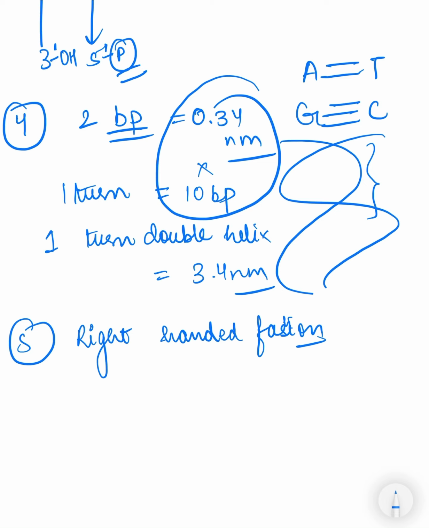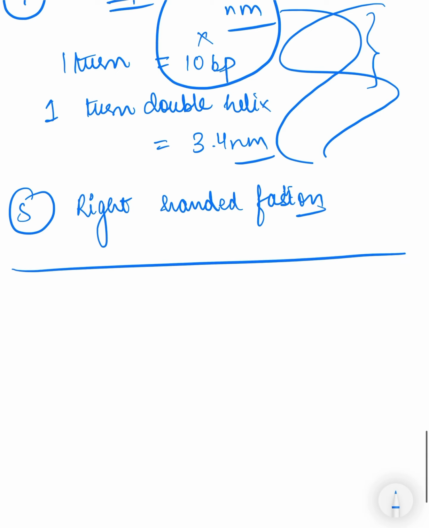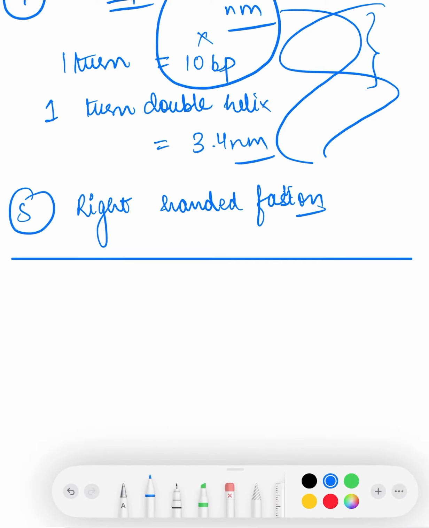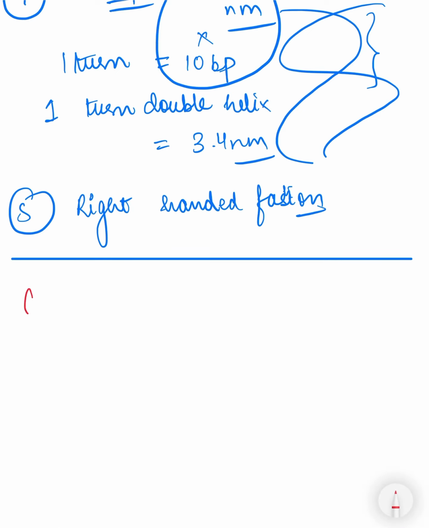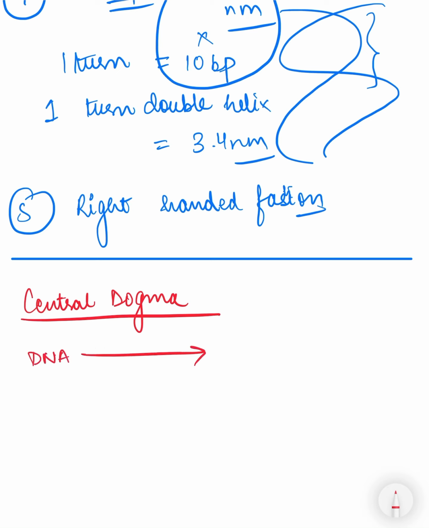Now there is one more term which is called central dogma. This tells us how the information flows in our system, right? First of all, we have DNA, which we inherit from our parents. DNA's information is being transferred into mRNA.